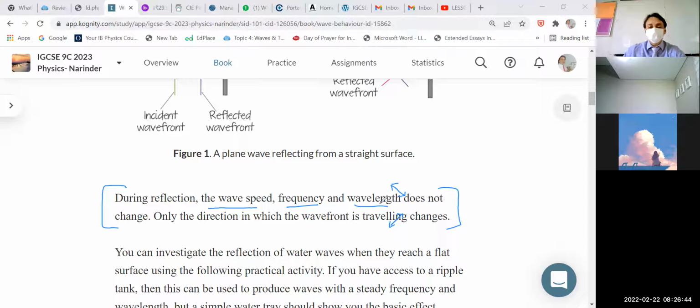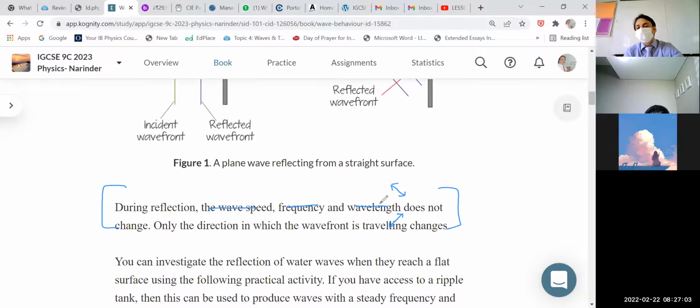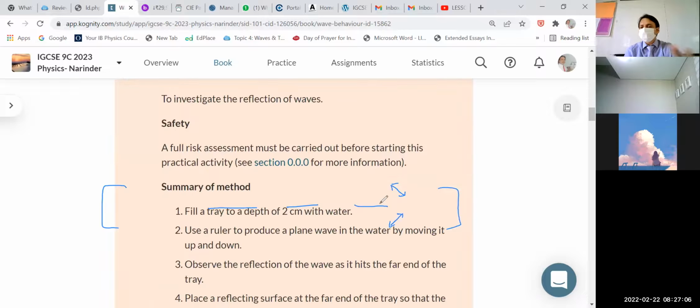All these factors are constant. In reflection, whether the disturbance is reflected when it strikes parallel to the boundary or when it strikes with some angle on the barrier, wavelength, speed, and frequency remain unchanged.